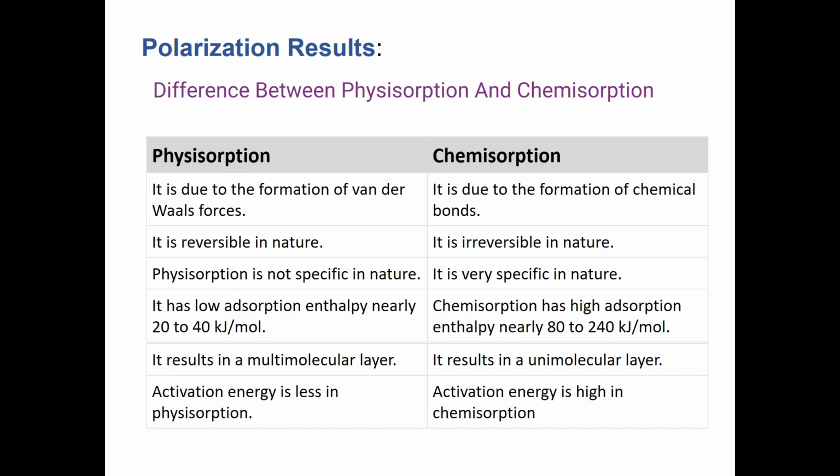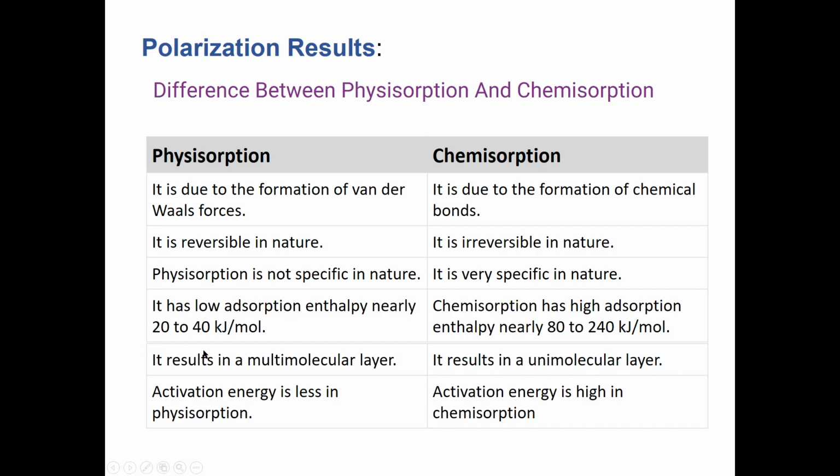So with the increase in the temperature, it will sustain the bonding, while in physisorption it is reversible. With the increase in the temperature, the bonding will break, and this we saw when we did the study at 333 Kelvin. So that's why the inhibition efficiency was reducing at a higher temperature.